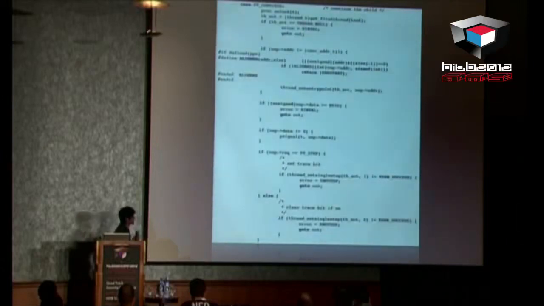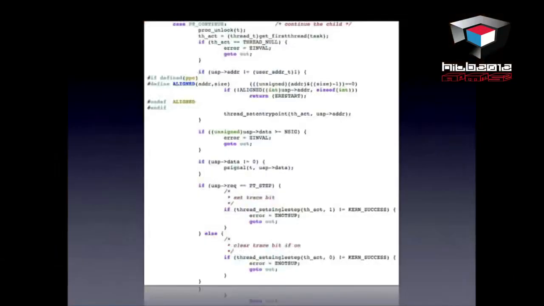It can't single step through a process because on iOS, thread set single step always returns failure. Actually, it does nothing but return failure. So when the function gets here, it will always return error not supported, and then leave the execution. But before it does that, it actually successfully calls thread set entry point.